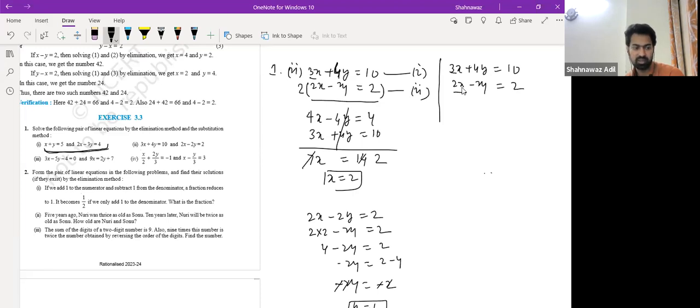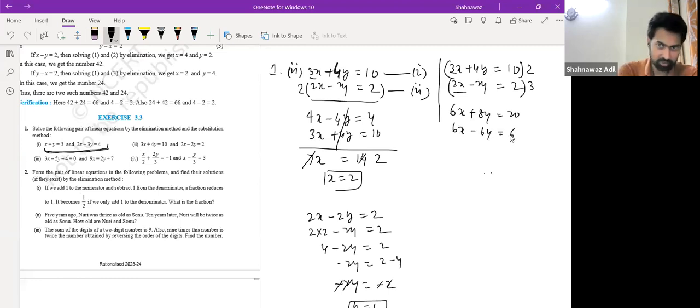So you have 3, you have 2, right? I cannot multiply this and make it 3. So I have to multiply this by 2 and this by 3. Then this would become 6x plus 8y equals 20 and this would become 6x minus 6y equals 6. Understood? Yes, sir. This way we can make the coefficients the same.